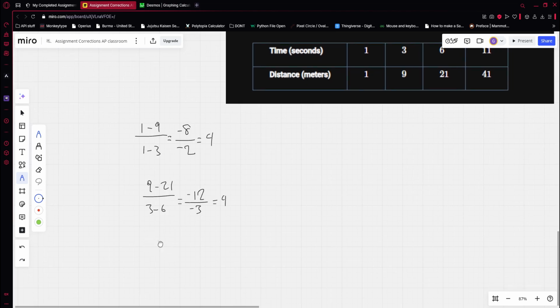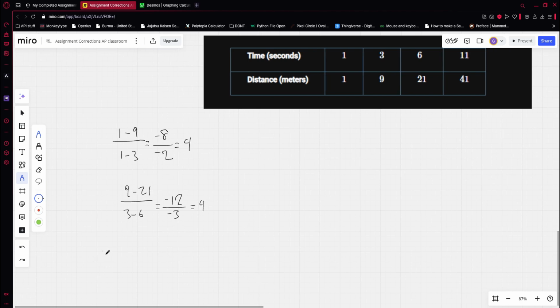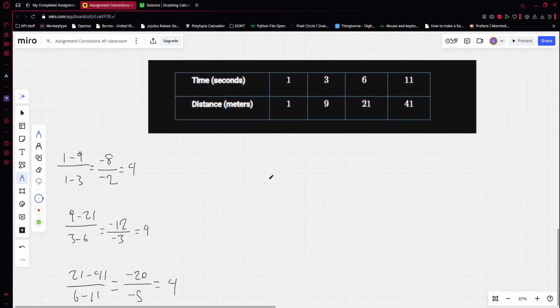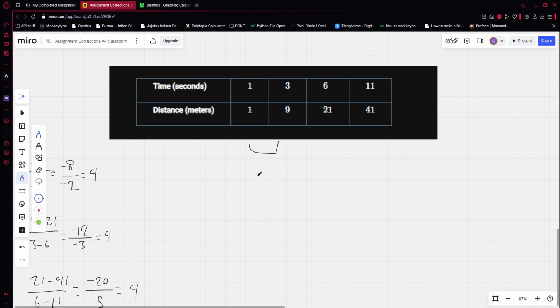Remember y's first. 21 minus 41 over 6 minus 11 equals negative 5, negative 20, 4. So the rate of change doesn't change.